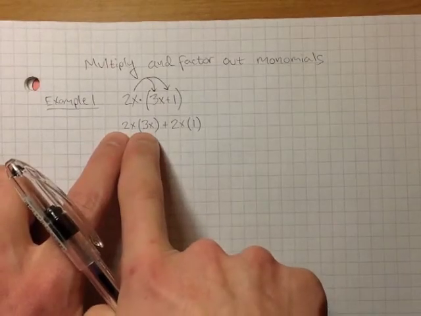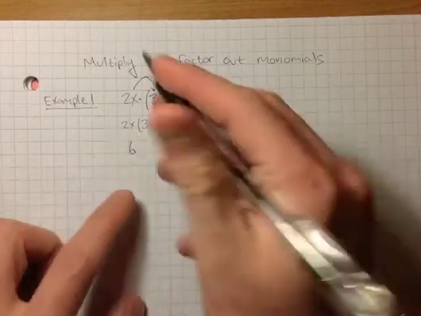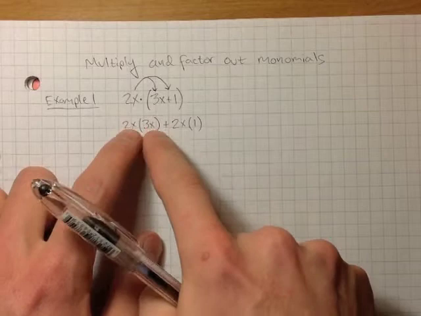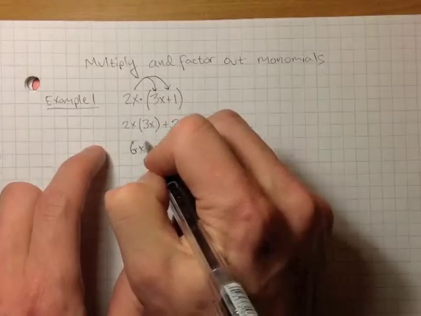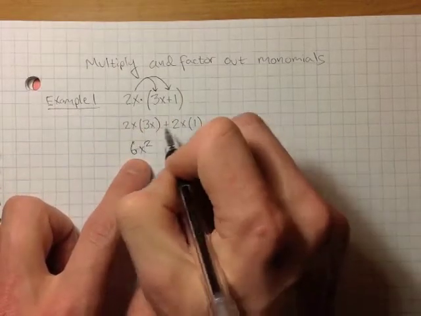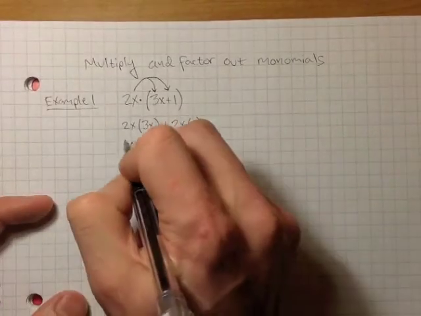So here we multiply the 2 and the 3 to get 6, and then multiply x times x. We add the exponents. In this case, the exponent on each one is 1. So 1 plus 1 gives 2. X squared. Okay? 2x times 3x is 6x squared. And then 2x times 1 is just 2x. Okay? So that was a piece of cake.